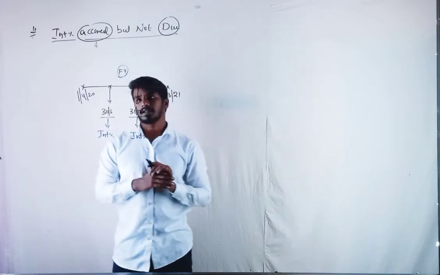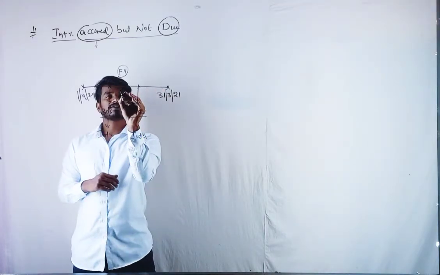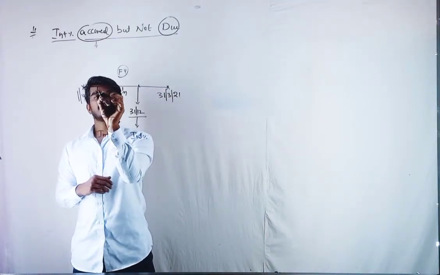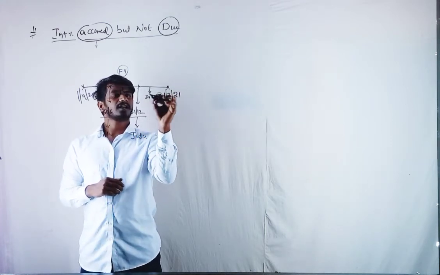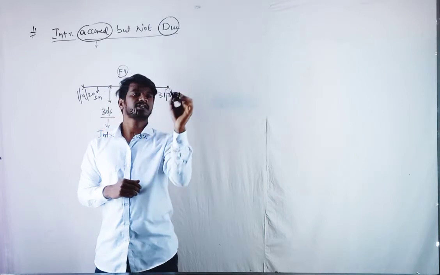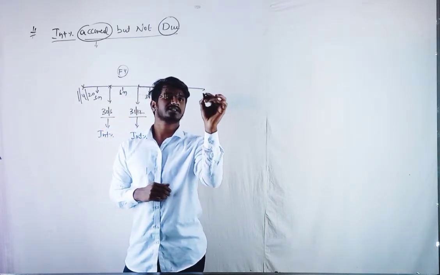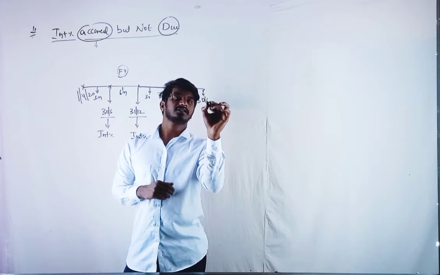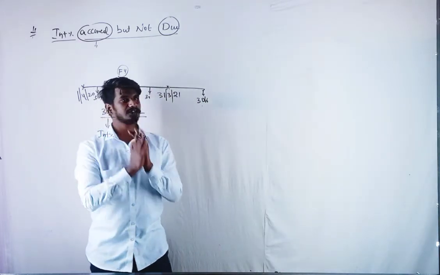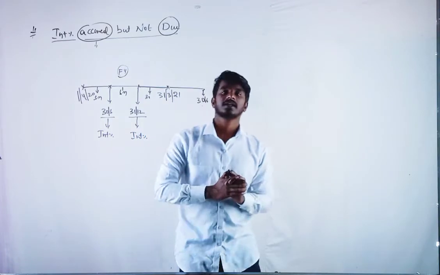Here we have 6 months, here we have 3 months, and here also 3 months. And this interest accrued will be paid on 30th June. Is that correct? Yes, obviously.